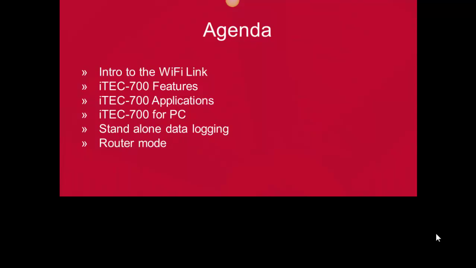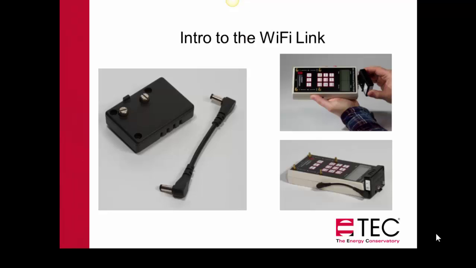We'll talk about why you might want to put your Wi-Fi link into router mode, and how to do that, and setting up a router network that is not a typical application, but it can be done. And then we'll be introducing our new automated testing app for you. It's not available yet, but we'll give you an intro to that.